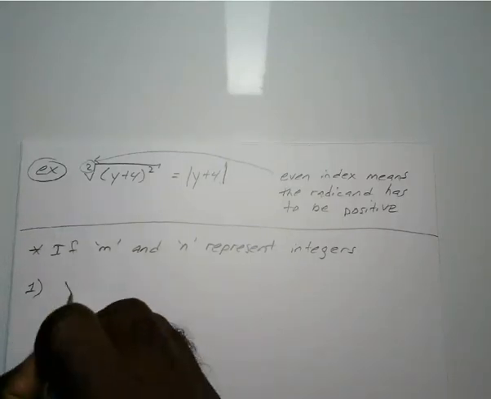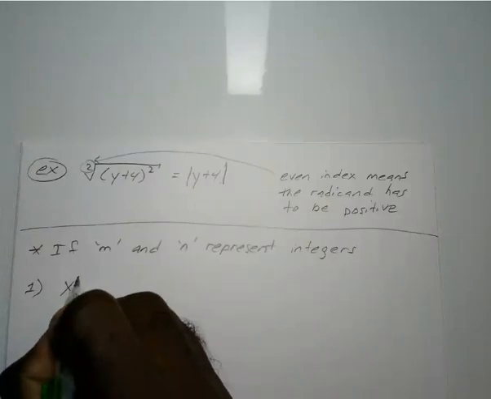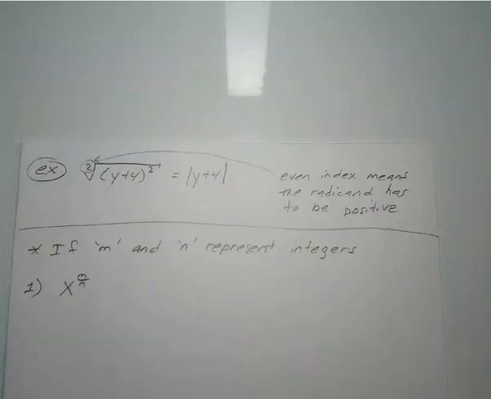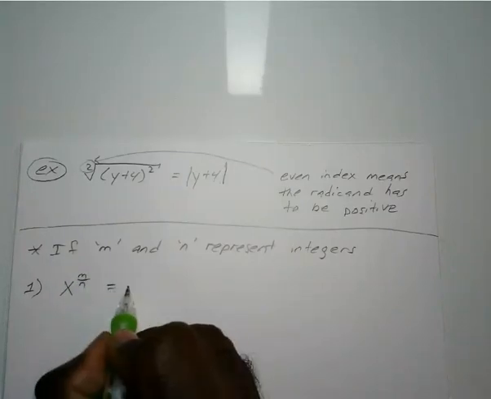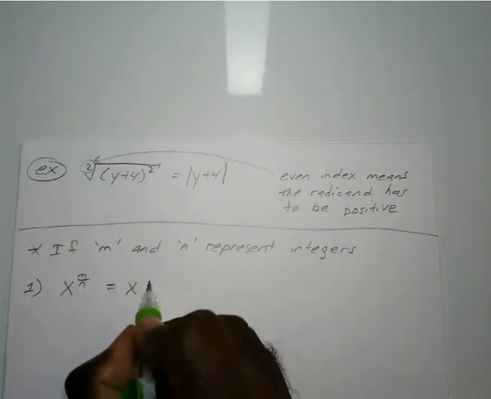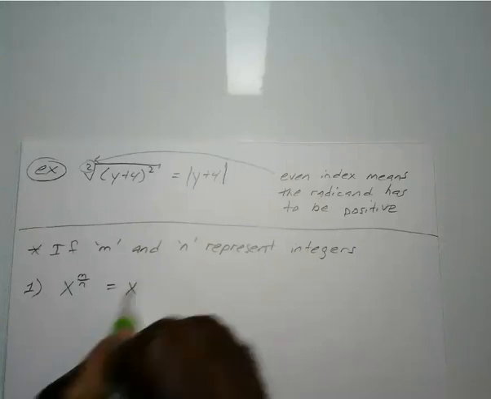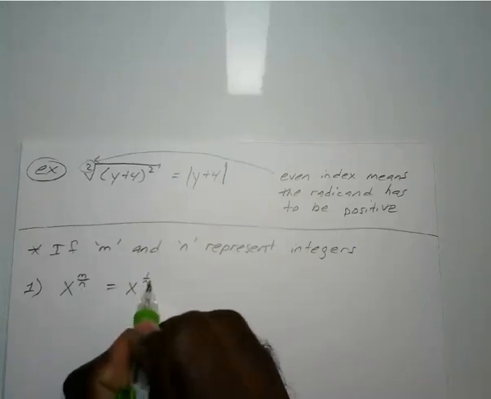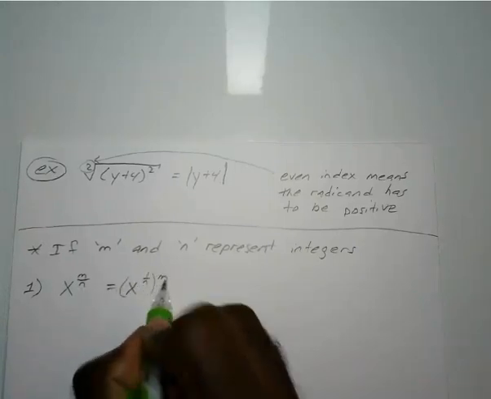So let's say you have x to the, instead of 1 over n, m over n. The first thing you want to do is take your denominator and make it 1 over n and move your numerator to the outside.